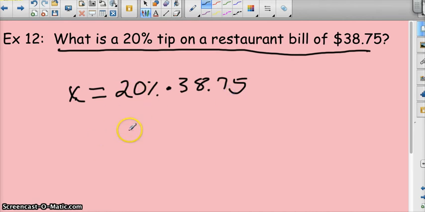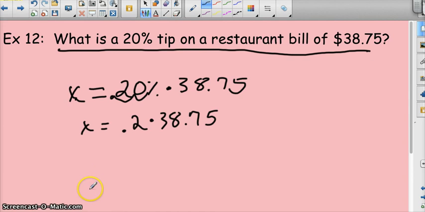Well, all right, 20% as a decimal is 0.2, and I got the 0.2 from moving the decimal point back 2 places. Take your calculator and multiply 0.2 times 38.75. It should produce a result of 7.75.